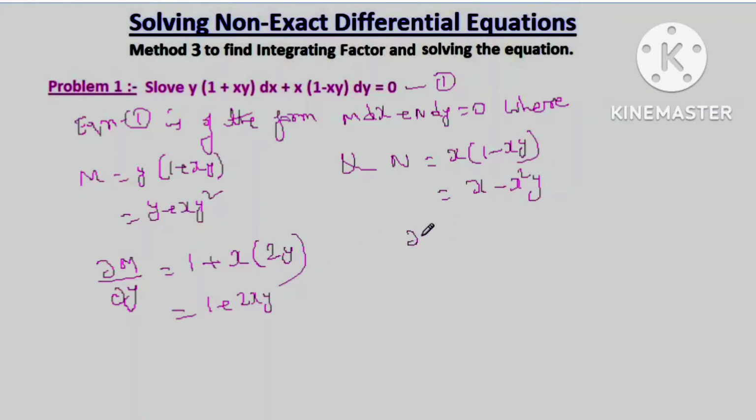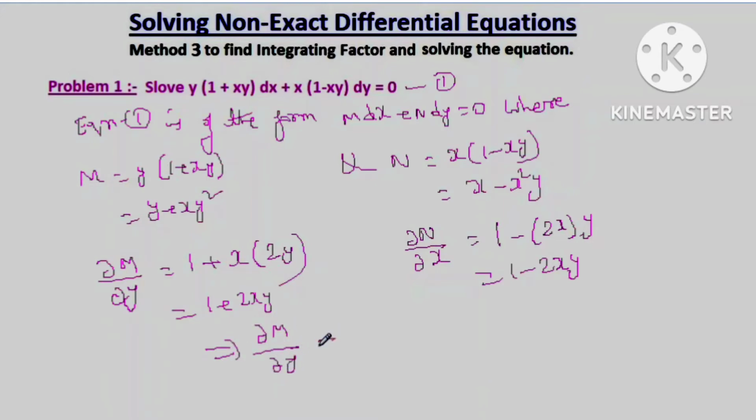And dou N by dou x: derivative of x with respect to x is 1, minus y is treated as constant, derivative of x square is 2x, into y. So this is 1 minus 2xy. So dou M by dou y is not equal to dou N by dou x. So this implies equation 1 is not exact. So we have to find the integrating factor, right?